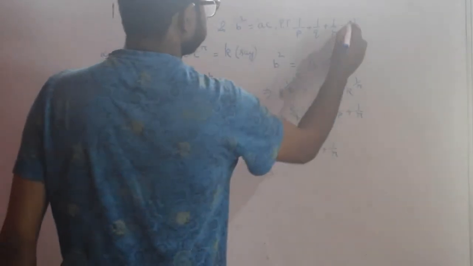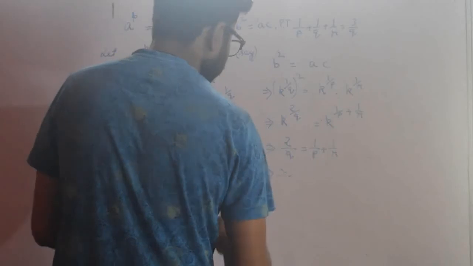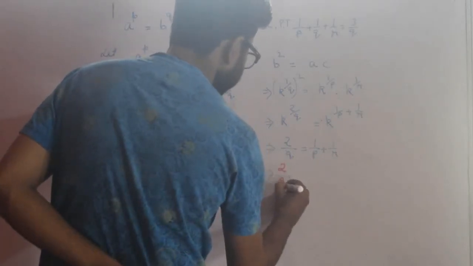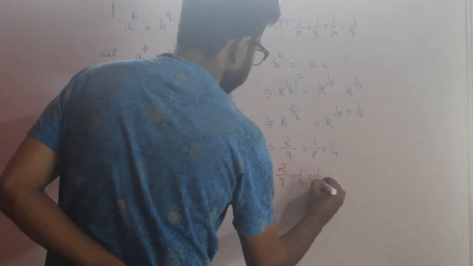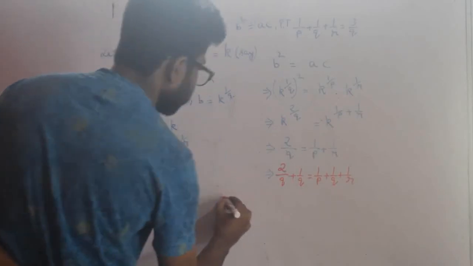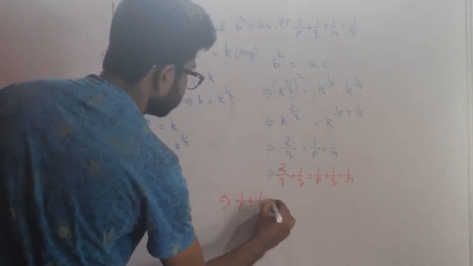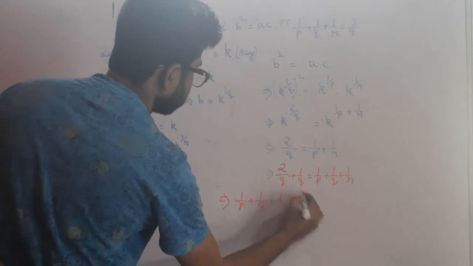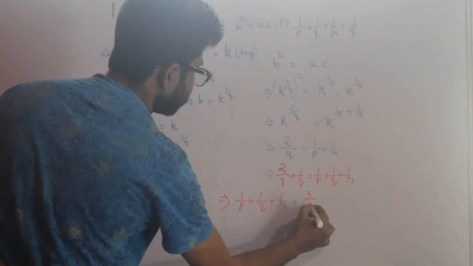And since we want 3 by q, add 1 by q to both sides. So that means what we get, 1 by p plus 1 by q plus 1 by r equal to, these are the same denominators, so 2 plus 1 will give you 3 by q.